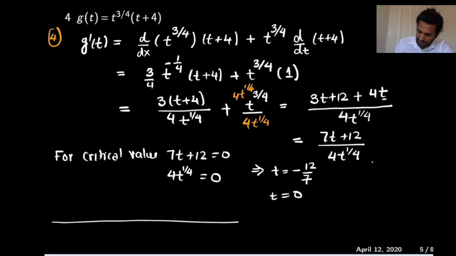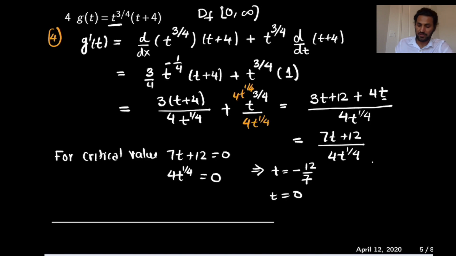So the line test, the next step is we will do the line test. Before we do the line test, you need to notice that the domain of this function is only from 0 to infinity, because t to the power 3/4 is only defined when you have a positive value.